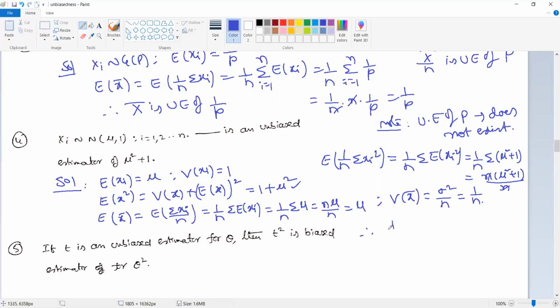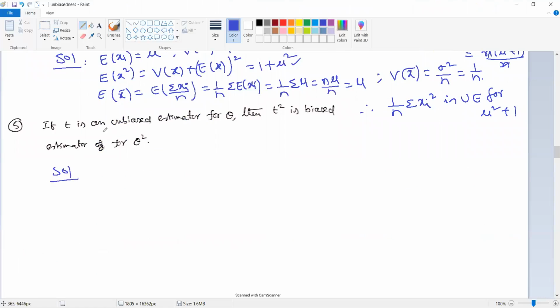Therefore 1 by n summation Xi square is an unbiased estimator of mu square plus 1. The variance of X bar was only given as additional information on how to calculate it; there is no need to use it to estimate mu square plus 1. We can directly take the simple function, which is the precise format to estimate mu square plus 1.